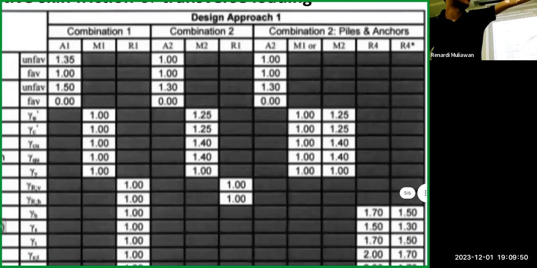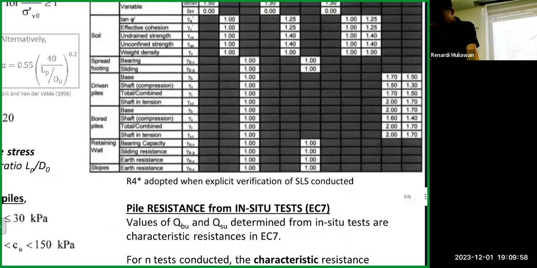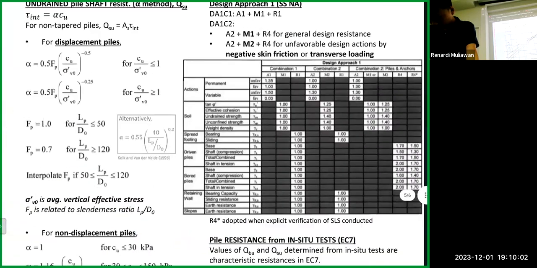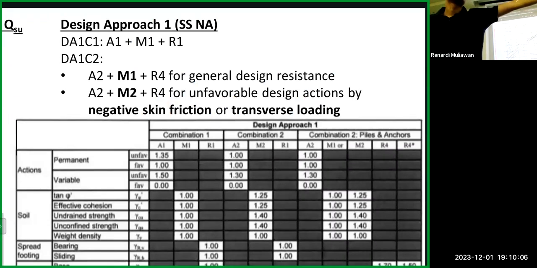There's M1 and M2. Use M1. Then R4. So A2 plus M1 plus R4 for general design resistance. A1, A2 plus M2 plus R4 for unfavorable design resistance.